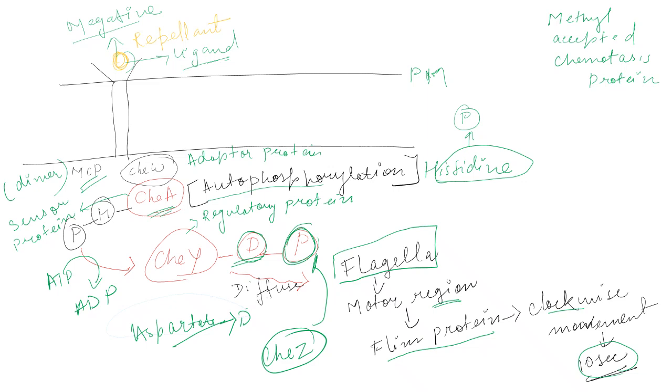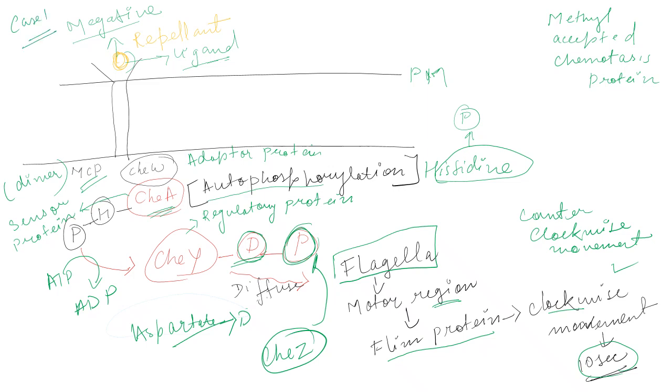Once the phosphate group is removed, phosphorylation is stopped, and hence CHEY cannot diffuse to the flagella and cannot give the clockwise movement. By default it goes to the default state, that is counterclockwise movement or the running movement. So this is all about the negative signal.